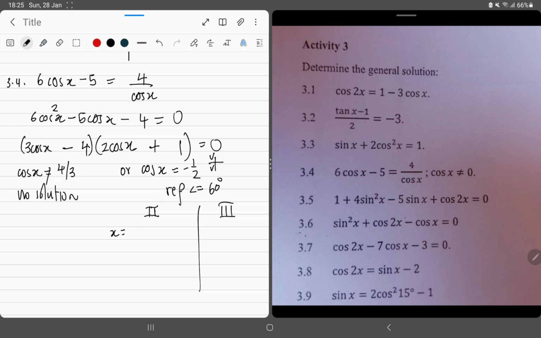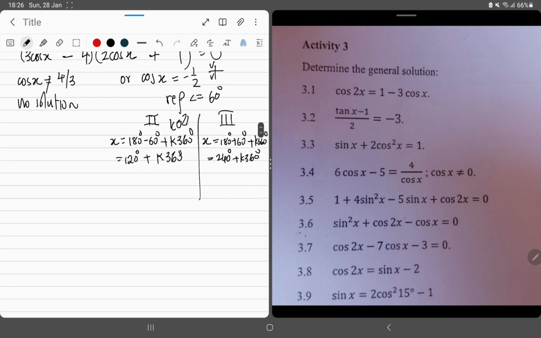In quadrant 2, this is 180 degrees minus 60 degrees plus k 360, where k is an element of integers. So this is 120 degrees plus k 360. And then in quadrant 3, this is 180 degrees plus 60 degrees plus k 360 degrees. This is 240 degrees plus k 360.